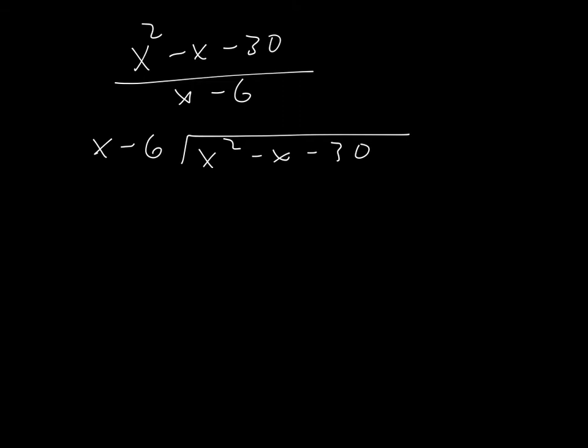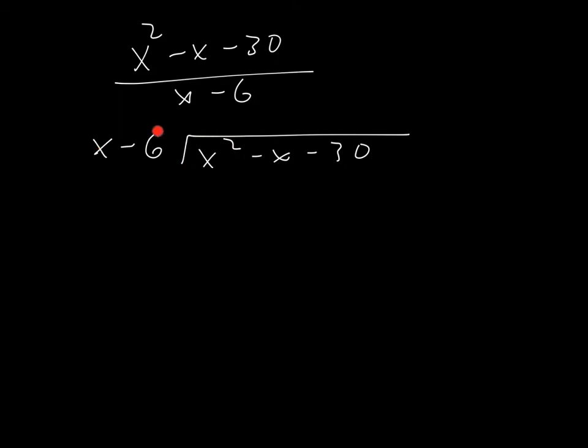And then we're going to do this exactly like we would do the long division with numbers, like we just did. First thing we do is look at this variable right here, and we decide what do we need to put up here so that when I multiply times this, it equals this.